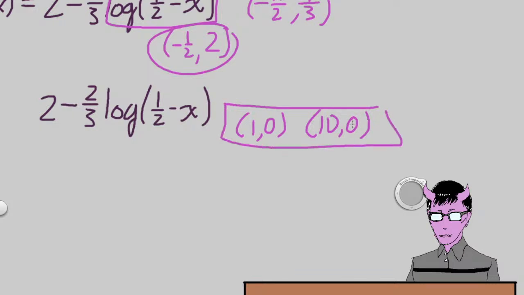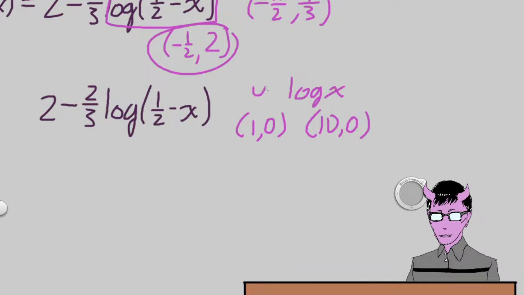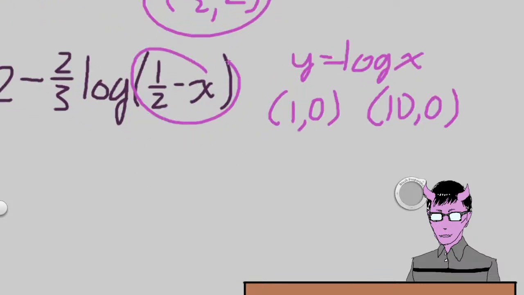So these are untransformed generic parental function. The parental function being log base 10. This one right here. But we have transformations to contend with. And like I said, just make sure we map what's going on. So in terms of what's going on right here, we factor out the negative 1.